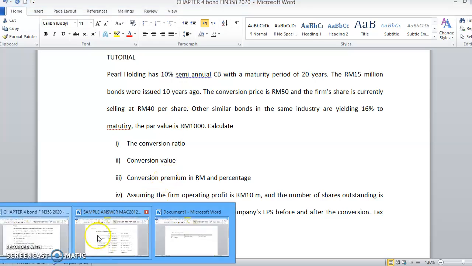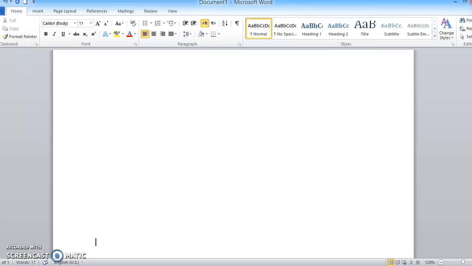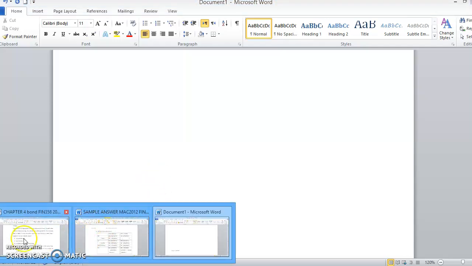So to calculate the interest, I'm showing you below here how we calculate it. Interest is equal to those 10% interest, which we have to multiply by the total of shares for these questions, okay?